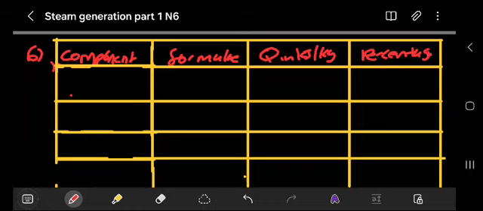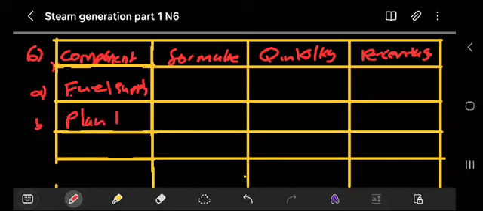It's our balance sheet. Component A, we have the fuel supply, or just fuel. The B, we have the plant. Here you can have the moisture, the heat from that.